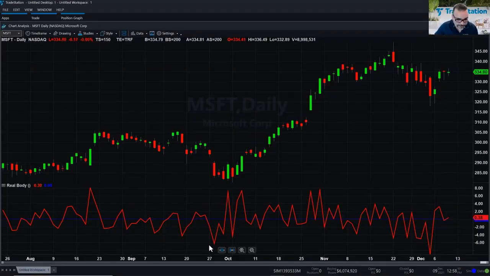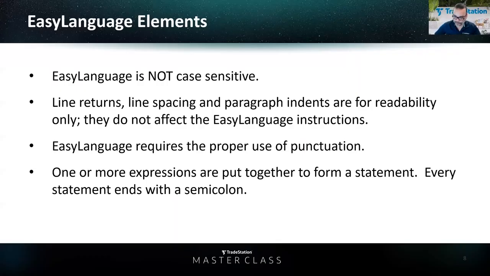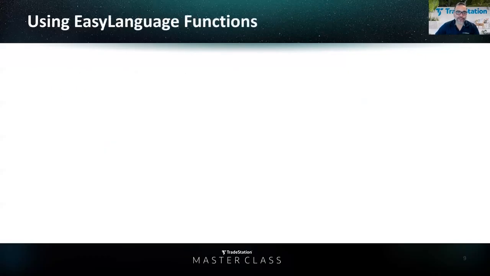Now let's go back here to my PowerPoint slide, because we're going to go to the next exercise, which is using EasyLanguage functions. Functions in EasyLanguage bring in additional mathematical formulas that are pre-built and pre-calculated for you. You don't have to bring those mathematical formulas into the code.